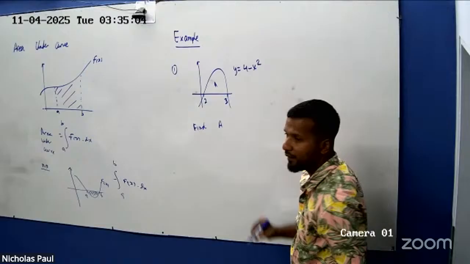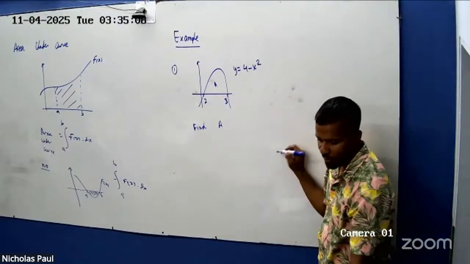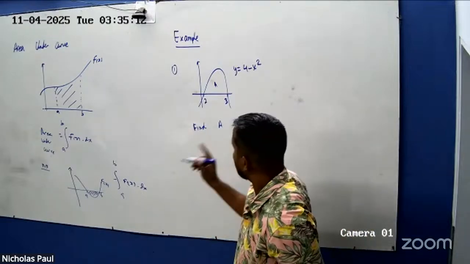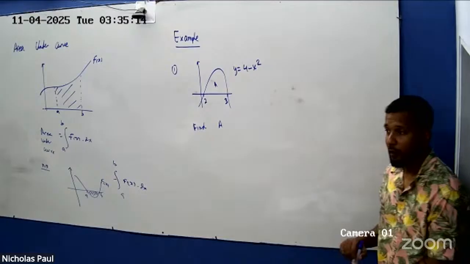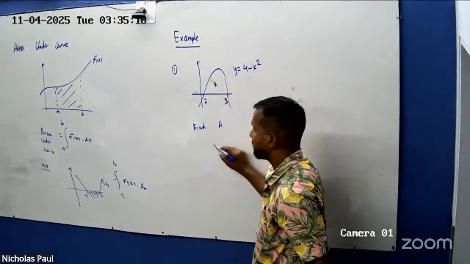Find E here. Let's find E. That's the shaded area underneath there. Find E. How do we get this area here? A is equal to what?